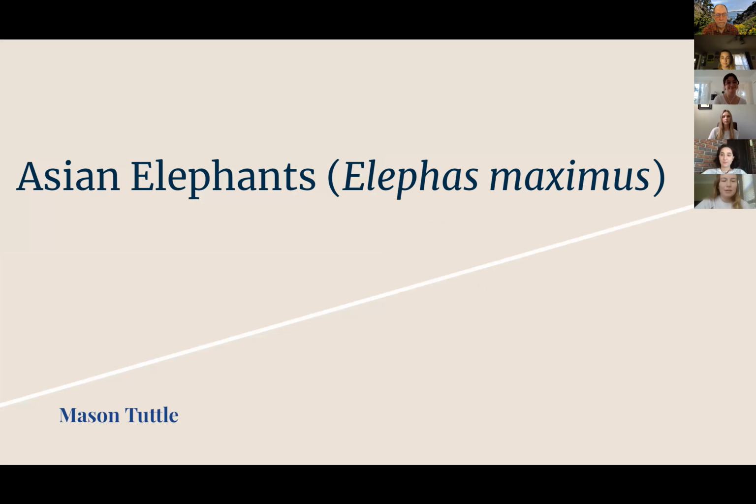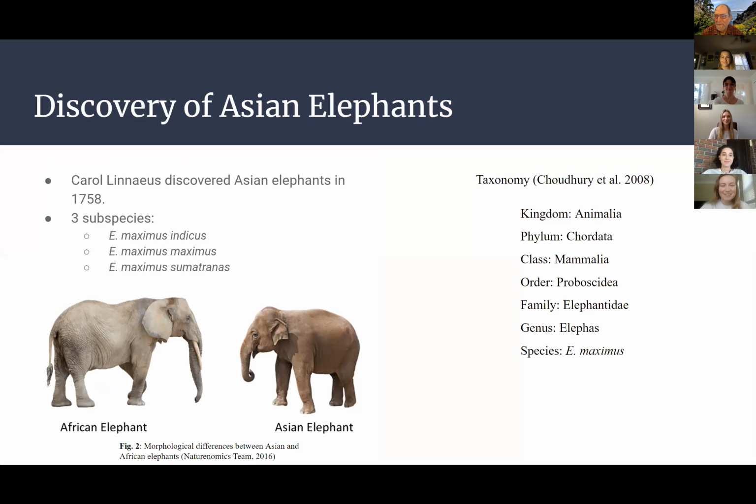All right, hi guys. My name is Mason, and sorry, next slide. All right, so Elephas maximus, which is the scientific name for the Asian elephant, was discovered in 1758 by Carl Linnaeus, and over the next century, 3 subspecies were then recognized and categorized as E. maximus indicus, E. maximus maximus, and E. maximus sumatranus.